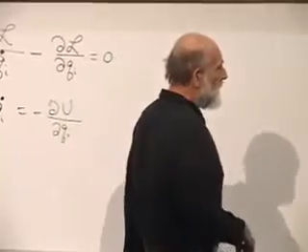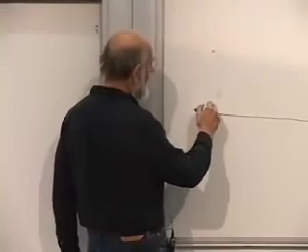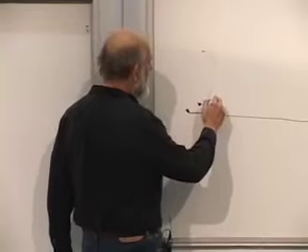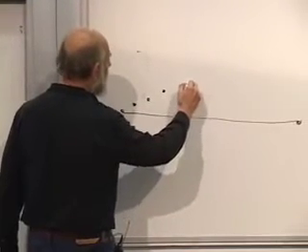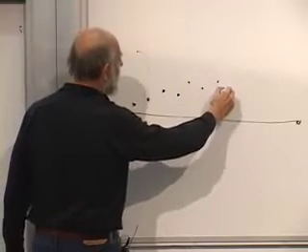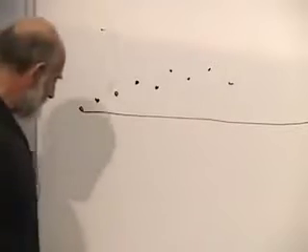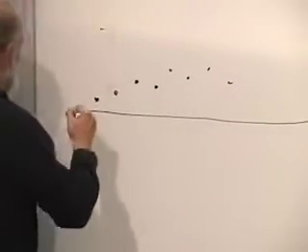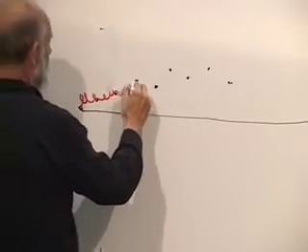Now, to get a handle on it, let's begin by imagining that instead of a string, we have a collection of springs. And a collection of springs means a collection of mass points which move vertically but have springs connecting them.